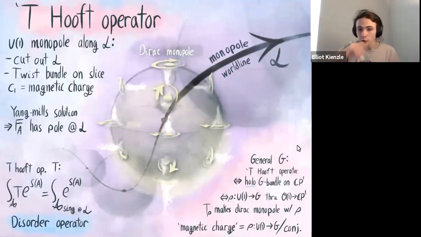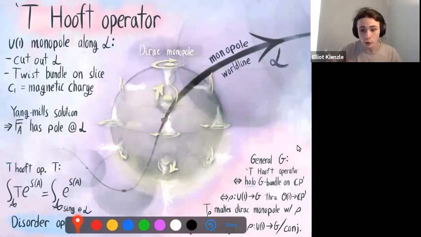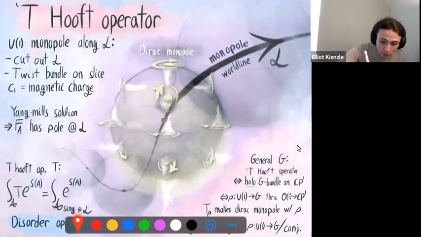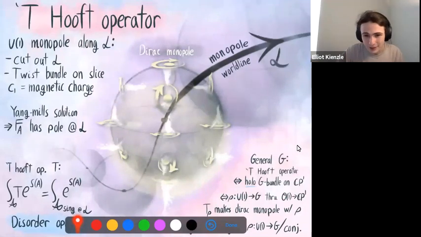By a theorem of Grothendieck, you can classify these by choosing some U1 homomorphism, a homomorphism from U1 into our group. Then we do this U1 monopole here. We twist a U1 bundle, and then we pull that back to a twisted G bundle. That gives us all of the possible holomorphic G bundles on CP1.